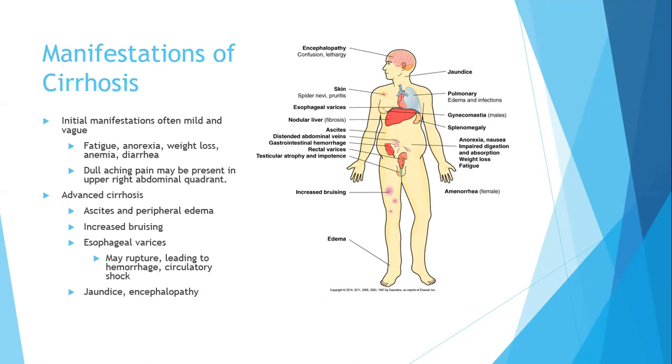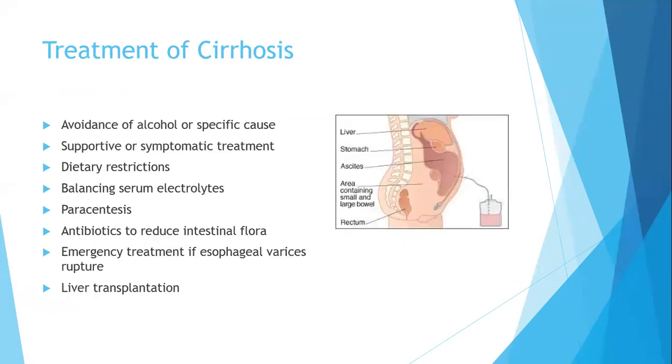In advanced cirrhosis, you get that ascites, which is the buildup of fluid in the peritoneal space, and peripheral edema, increased bruising because of decreased clotting factors, esophageal varices, which can rupture and lead to hemorrhage and circulatory shock, and jaundice and encephalopathy. So that's never good when your brain is affected. And so the end stage of cirrhosis is not a pretty thing.